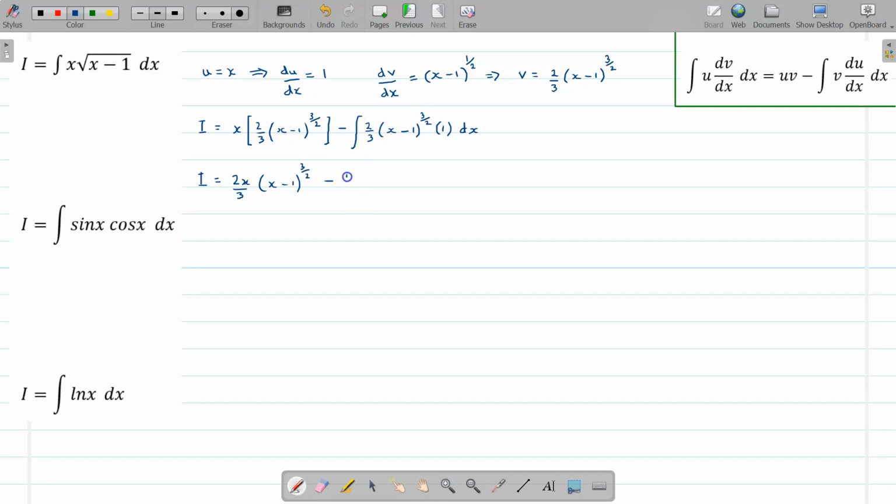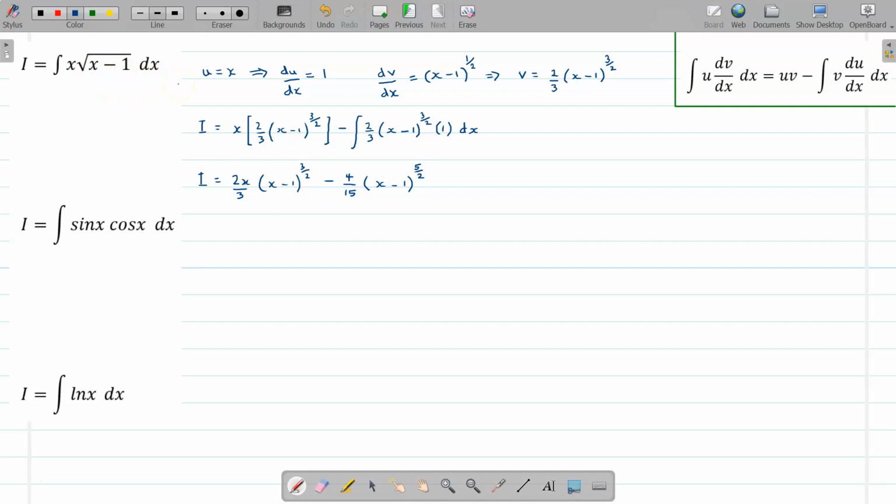So it's going to be 4/15 of x minus 1 to the power of 5/2. Now you can check that just by differentiating that last part there, and it will return to this here, using the chain rule. So that is the integral of that expression there.